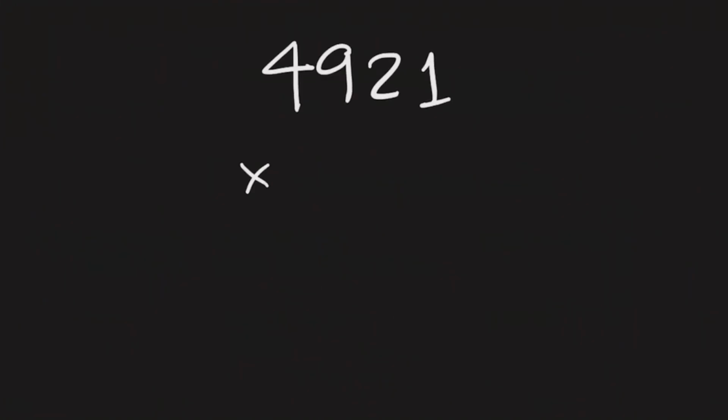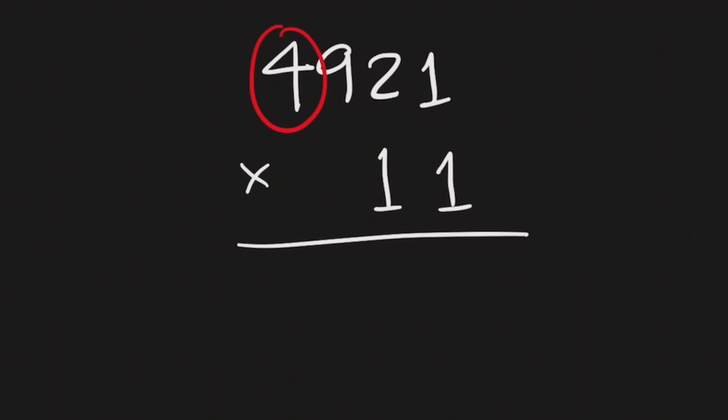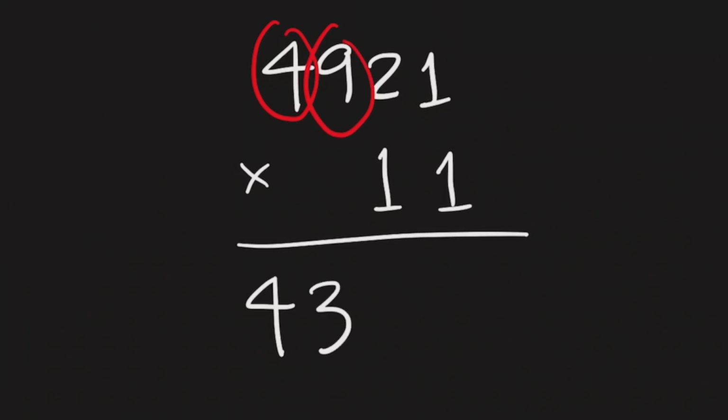How about 4,921 times 11? Take some time to solve this and come back to my video once you're done. Now 4 will come up here. We'll add up the two consecutive numbers 4 plus 9, which gives us 13. Therefore, the 3 comes here, and the 1 will be carried over to number 4, which becomes 5. 9 plus 2 gives us 11.